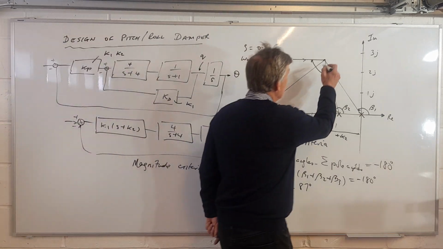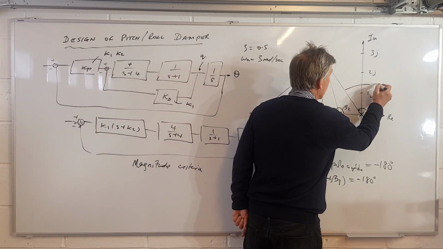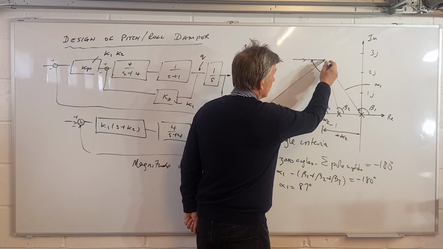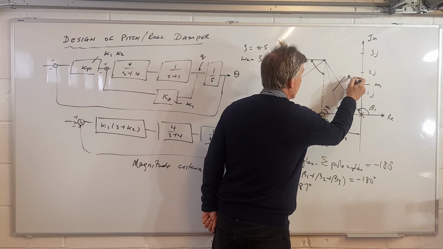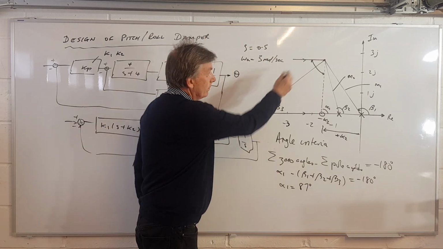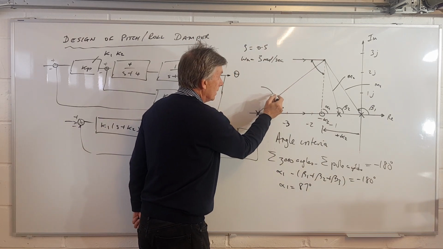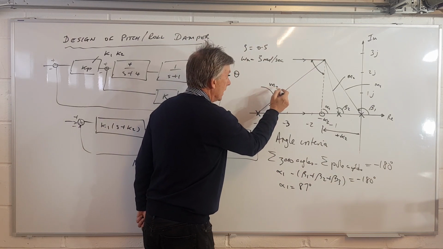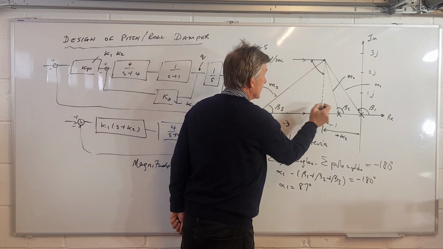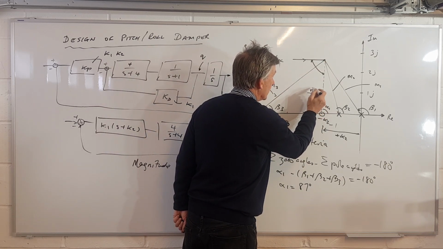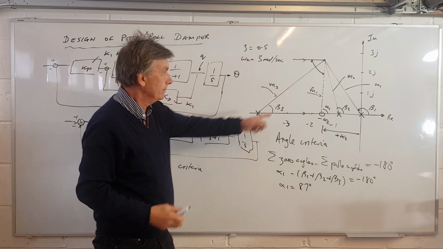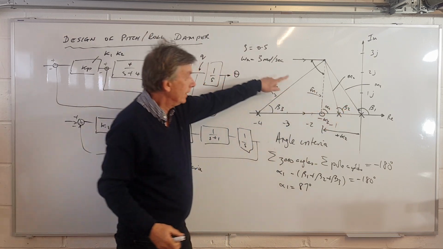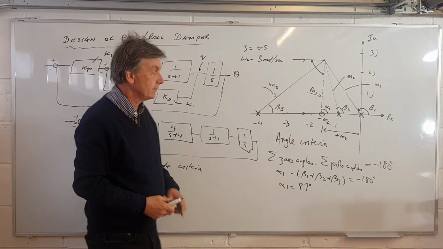So we could measure from there to there and call that, say, M1. Measure from there to there, call that M2. Measure from there to there, call that M3, and then from there to there we'll call M1 hat. So we've labelled the pole distances M's and the 0 distance M1 hat.